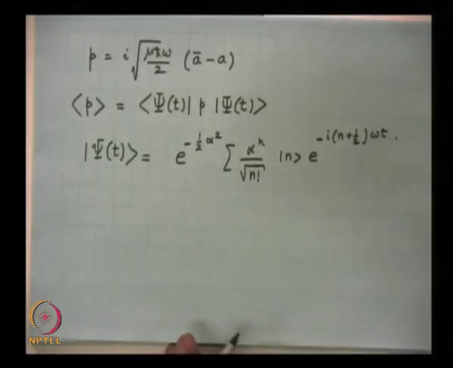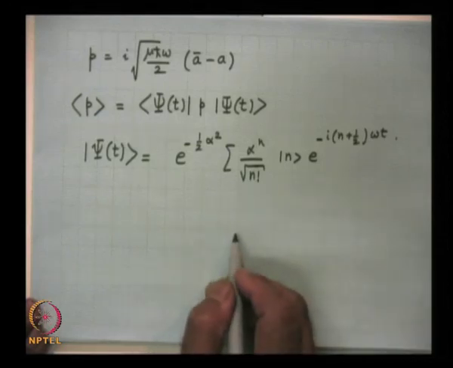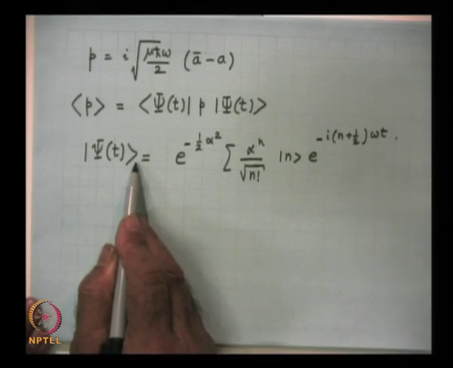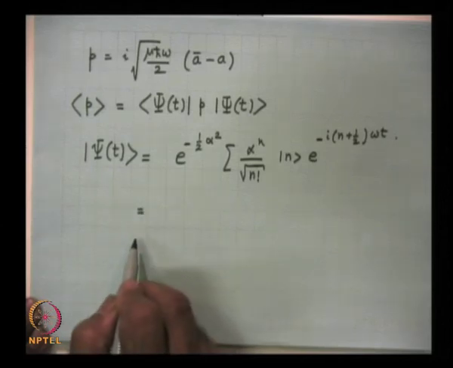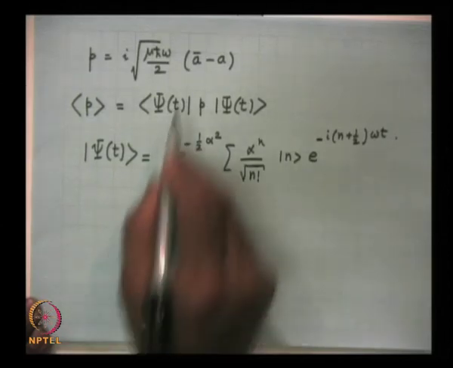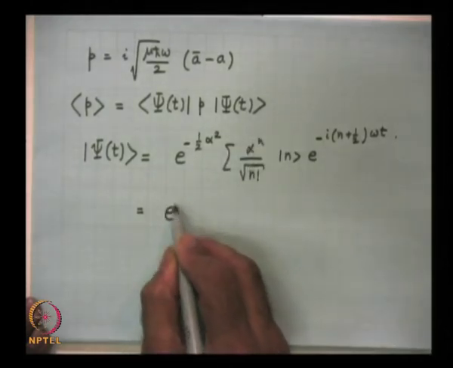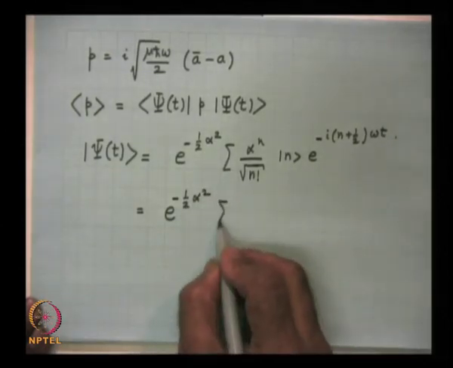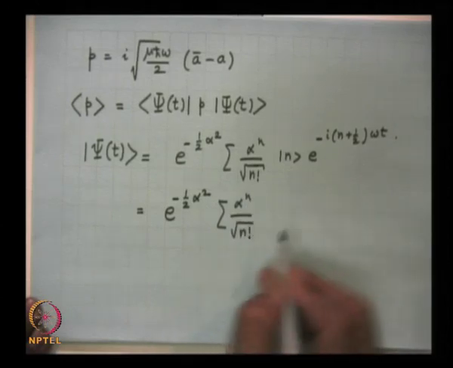If I then use the relation again, operating A bar minus A on psi t gives e to the power of minus half alpha square, summation alpha to the power of n over square root of n factorial.